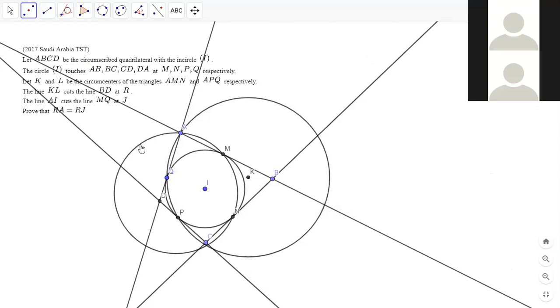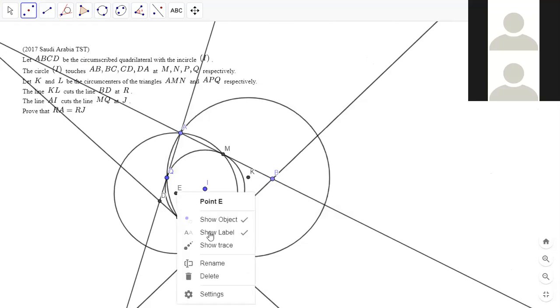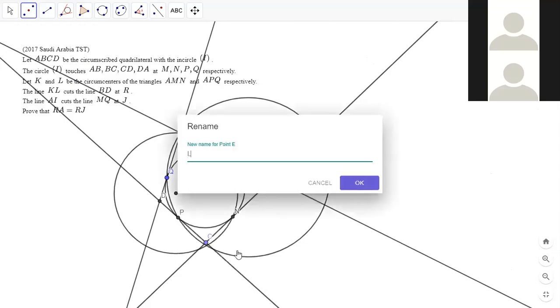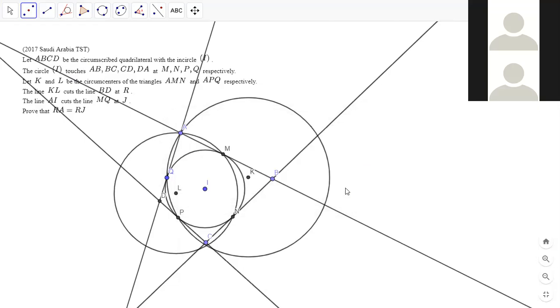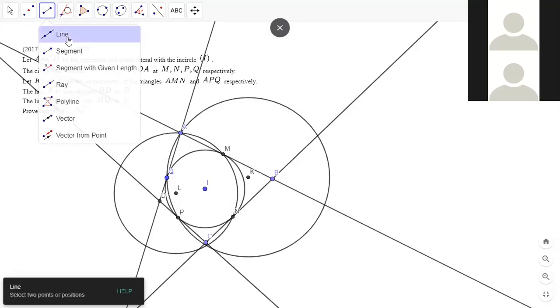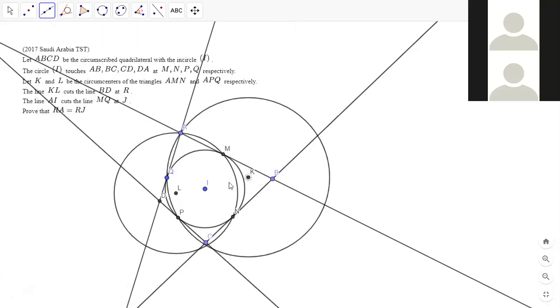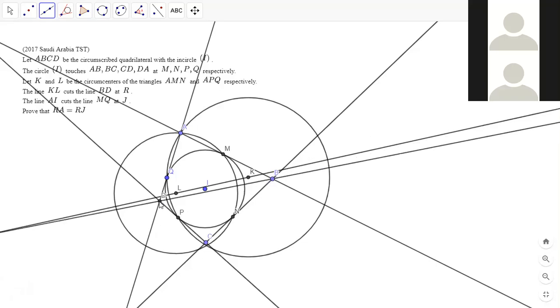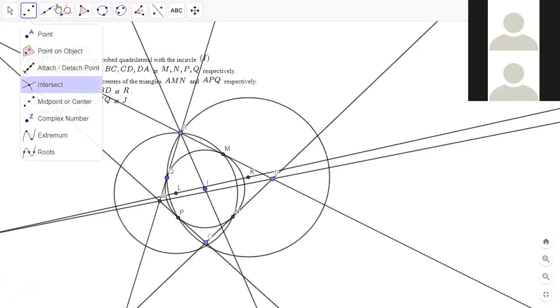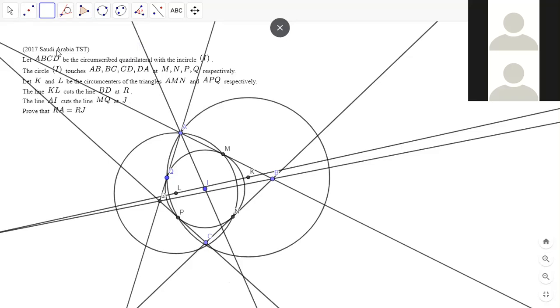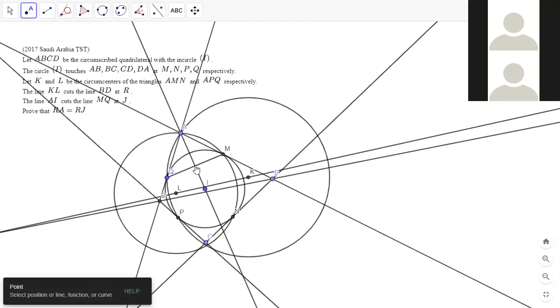And the center of this one will be L. And KL cuts BD at R. And AI cuts MQ at J. I'm going to show RA equals RJ.